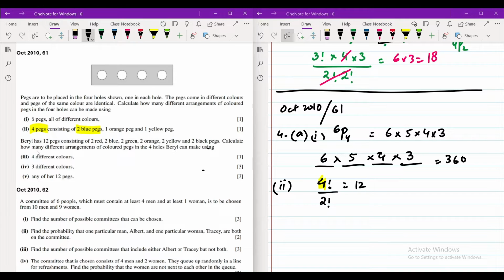A barrel has 12 pegs consisting of 2 red, 2 blue, 2 green, 2 orange, 2 yellow, 2 black. Calculate how many different arrangements of the colored pegs in the 4 hole barrel can be made using 4 different colors.